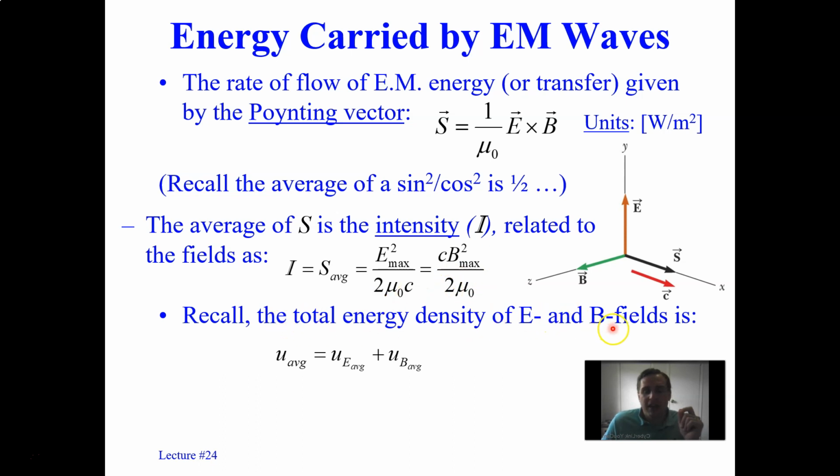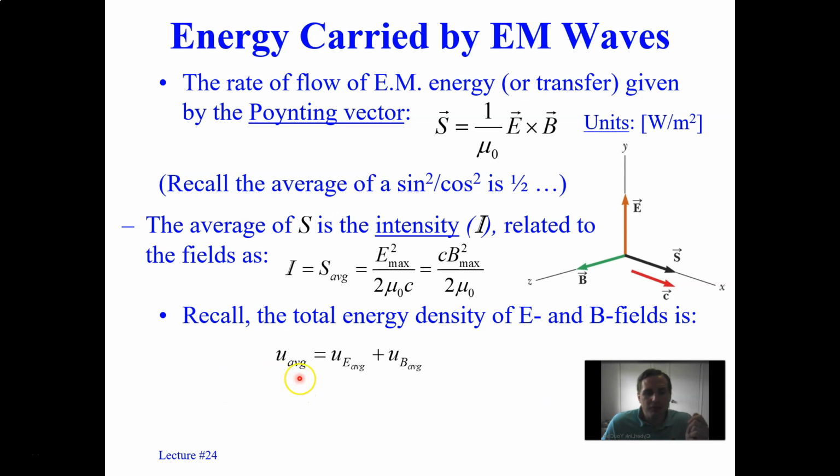Recall this thing that we defined before called total energy density. Remember, energy density per volume was in joules per meter cubed for an electric field or a magnetic field. That could be derived for either a capacitor or an inductor, but it was a general equation true for all electric and magnetic fields in space.